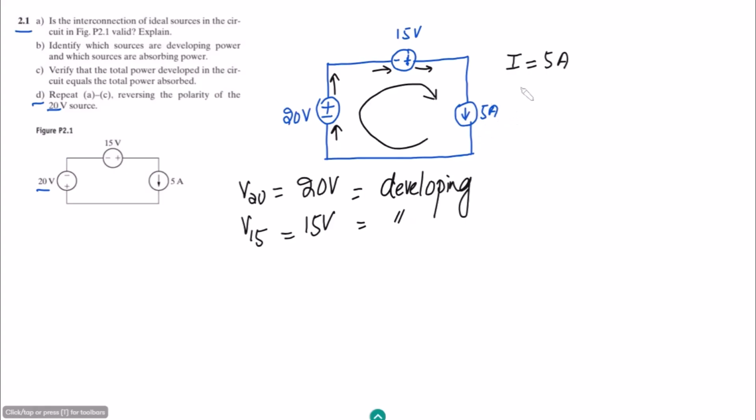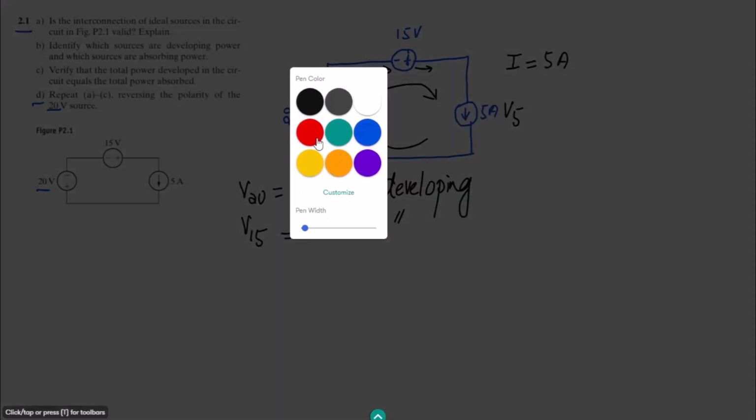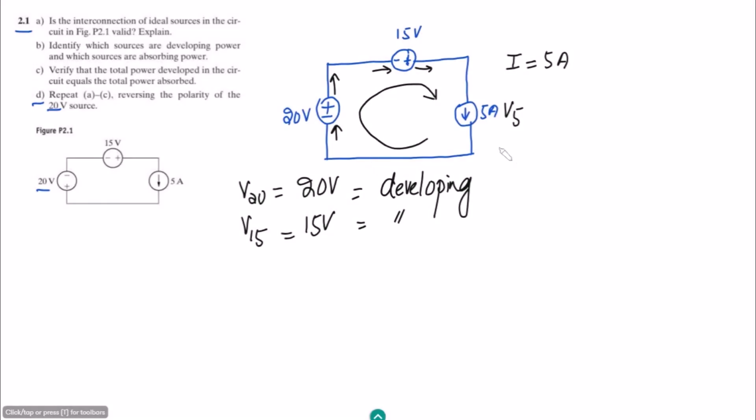In order to find out about the current source, we don't know this voltage, so let me call it V5. We don't know its polarity, so let me find it. In this loop, applying KVL, V20 plus V15, because the polarity of both of them is now the same, plus V5, whose polarity is unknown, equals 0.